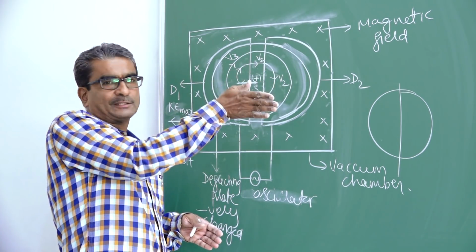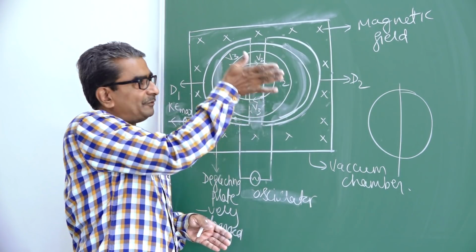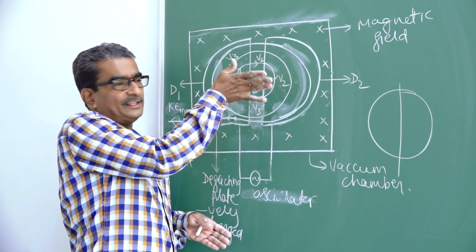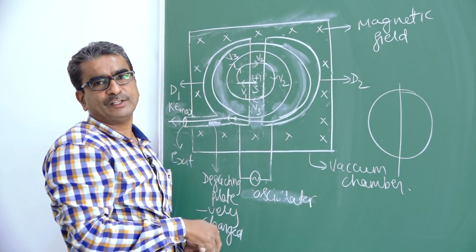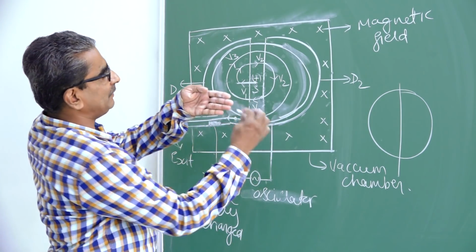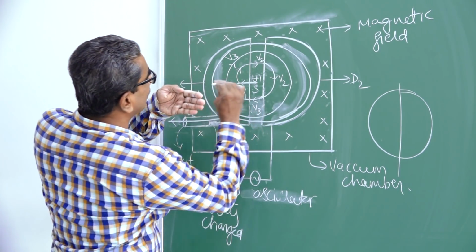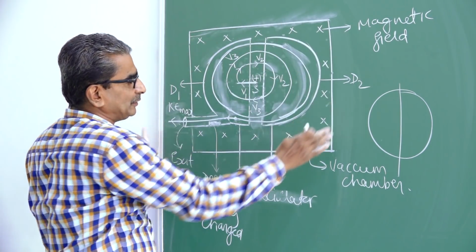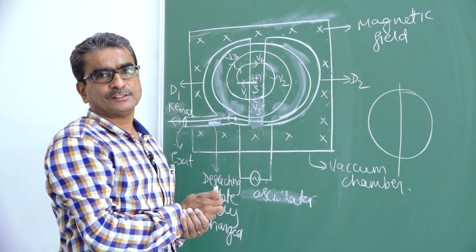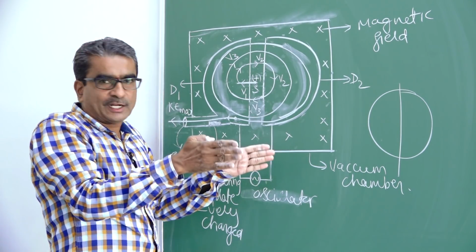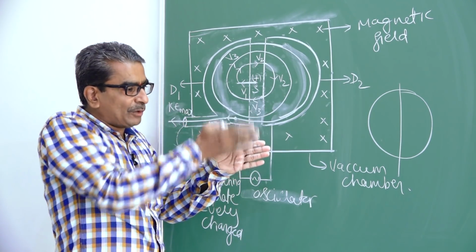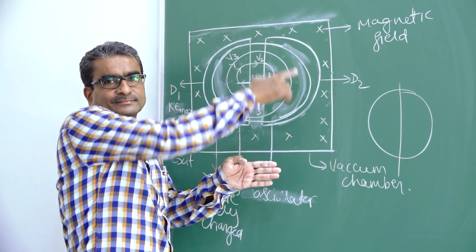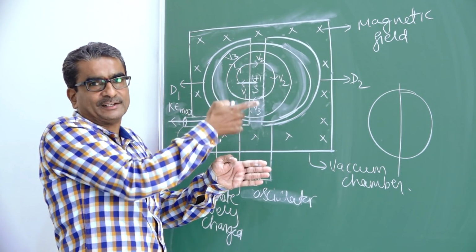Suppose I keep the north pole here at the front of this D, then the south pole will be at the back of the D. So the magnetic field direction will be from north to south. That is why the field is inwards, perpendicular to the plane of the board. So by keeping two electromagnets, in between the metallic disc setup will be there.